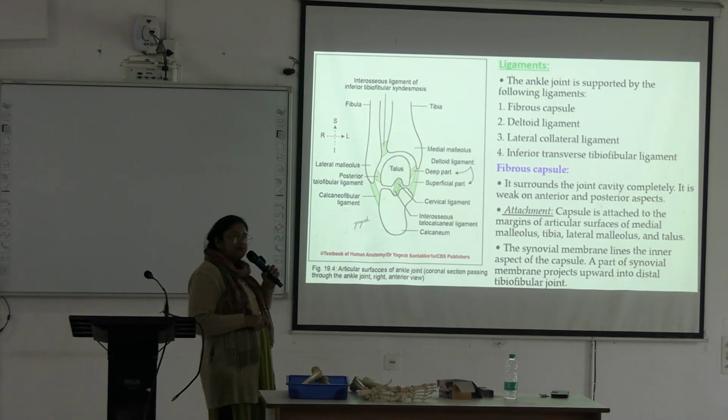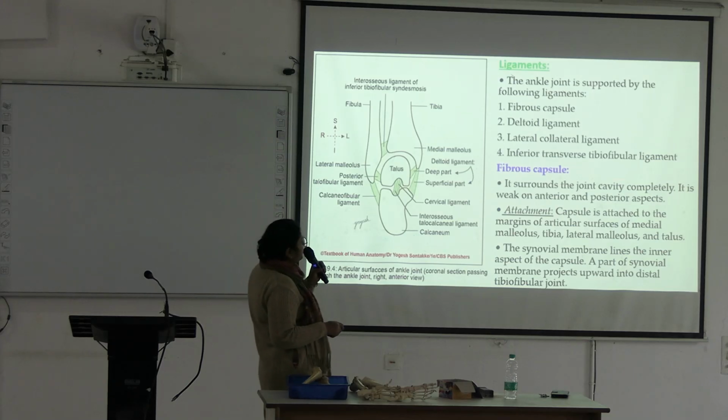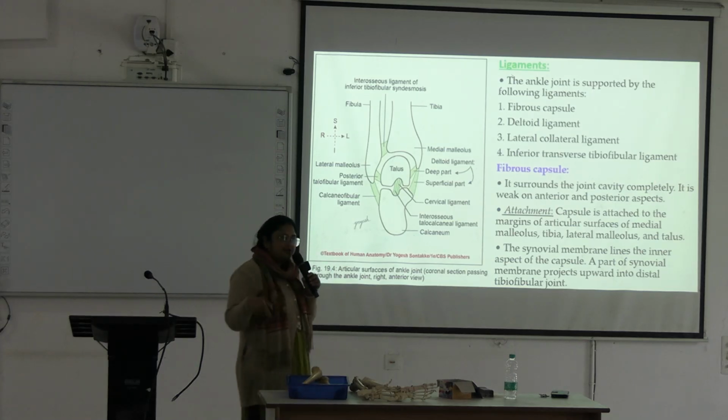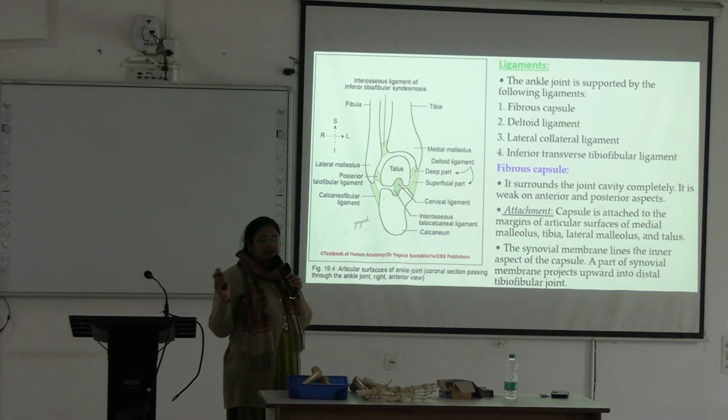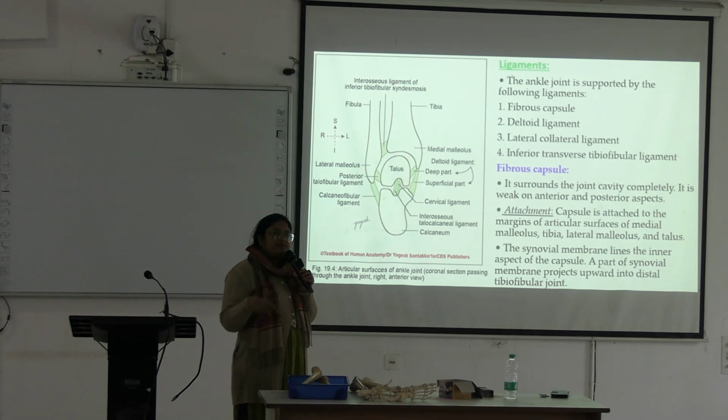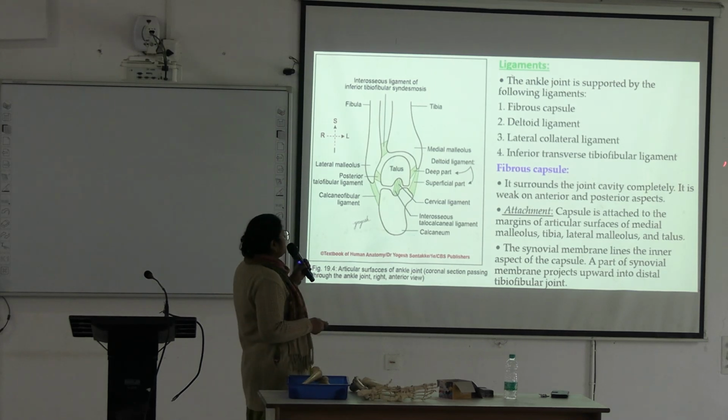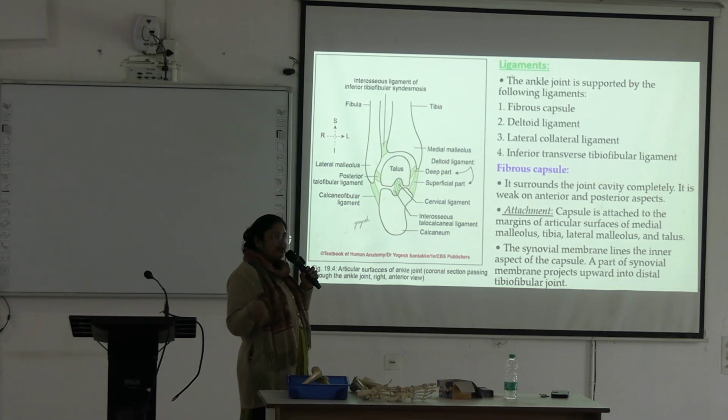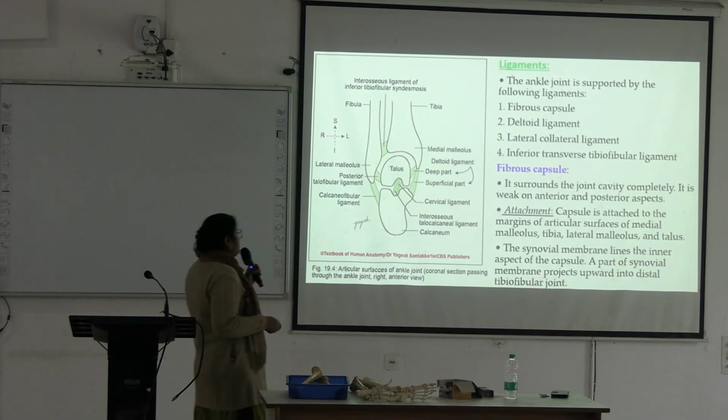First, the fibrous capsule. It surrounds the joint cavity completely. It is a synovial joint, so it will have a joint cavity which is surrounded by the fibrous capsule. It is weak on the anterior and posterior aspects, and on the lateral side it is stronger. What are the attachment points?